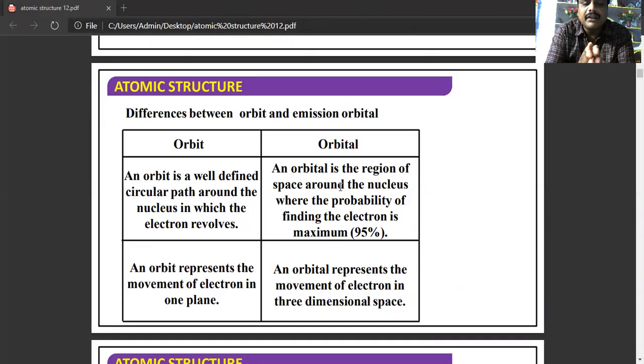An orbit always represents the movement of electron in one plane, whereas an orbital represents the movement of electron in three dimensional space. So those are the differences between orbit and orbital.